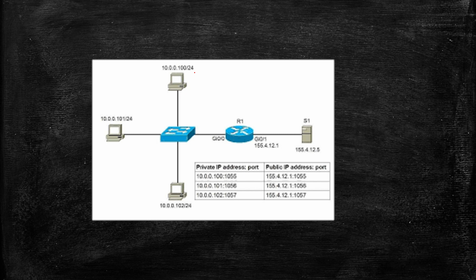Think about it: if one computer sends so many requests to the internet, searching Facebook, YouTube, Google, Yahoo.com, and browsing so many websites, at that time the router also gets confused about which port and which address to give, to which node, and at what time. So that's why PAT is used, to keep it common and clear.